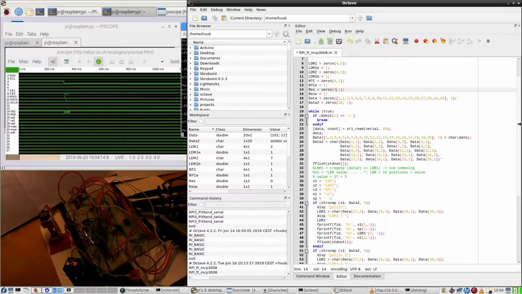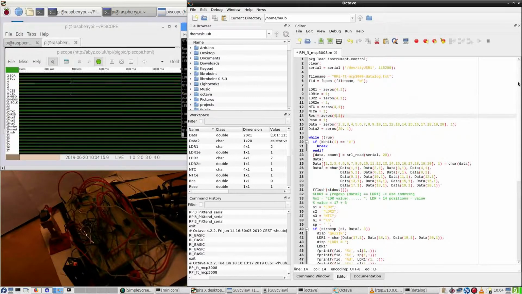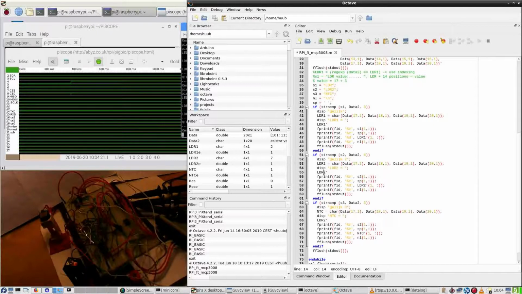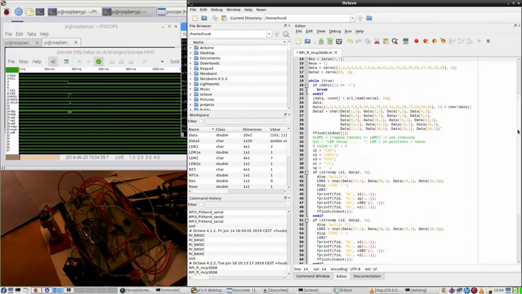I also want to make sure that I know which value is printed here, so I made an equal sign here. And for the rest, I have no idea why these values are not ASCII.